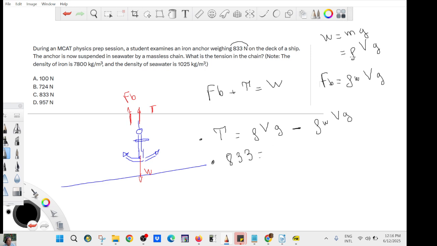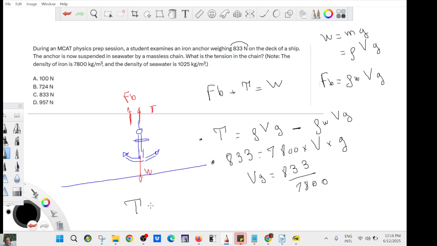The weight equals the density of the object times the volume times G. That will be great if we can find the volume times G. So the volume times G is 833 over 7800. I'm going to plug that into here.